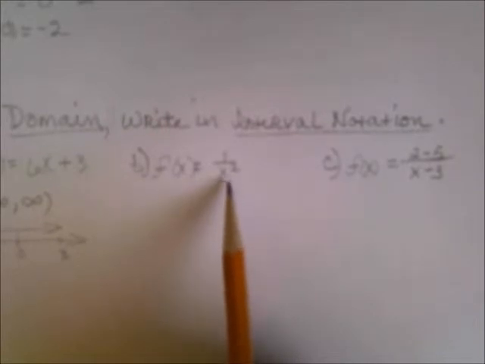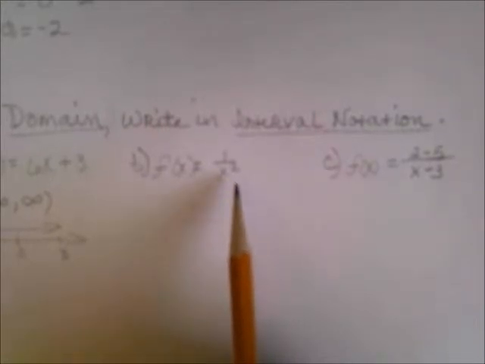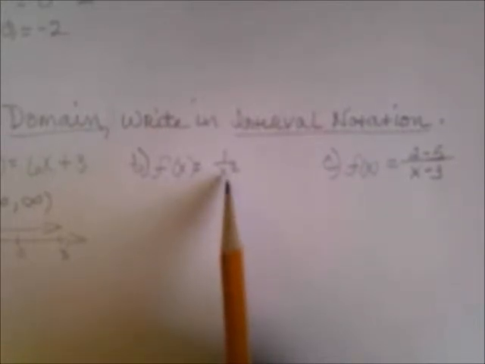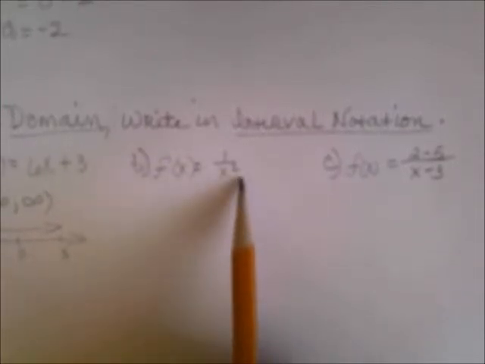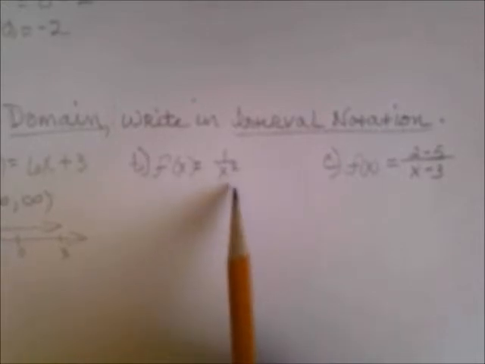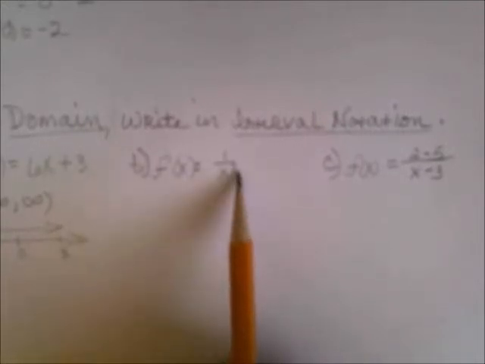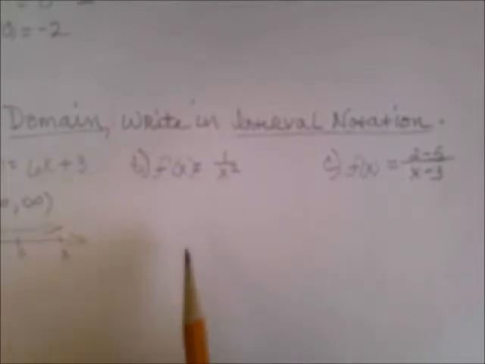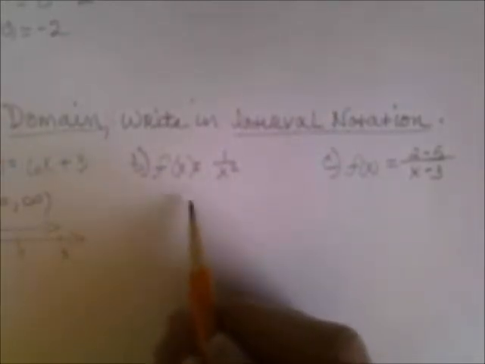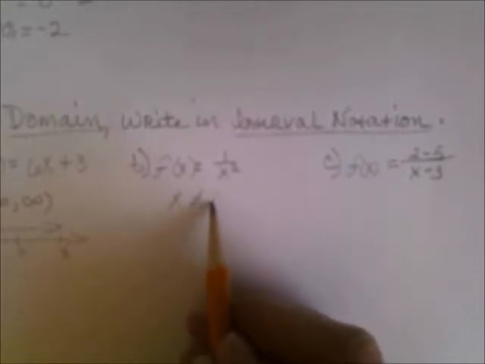Now, x is in the divisor, and when you think about this, what can we not divide by? We can't divide by 0 because it would be undefined, right? So x can't be, and 0 squared is going to give you 0. So the only thing it can't be, we can say x cannot be equal to 0.